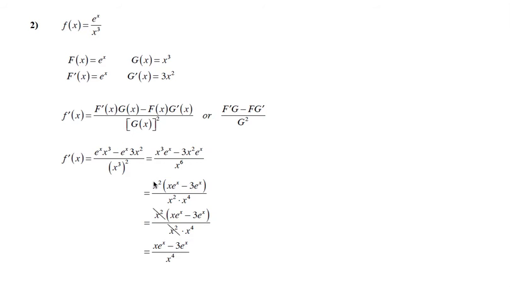And then the x squared, which is common to the numerator and the denominator, cancels out. And so my final simplified form of this derivative is at the bottom here, x times e to the x minus 3 times e to the x over x to the fourth.